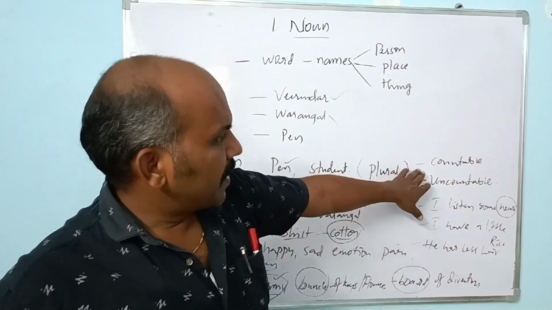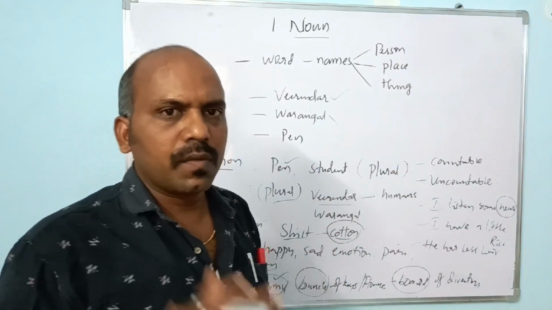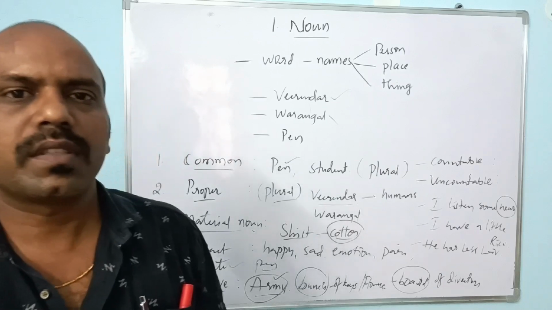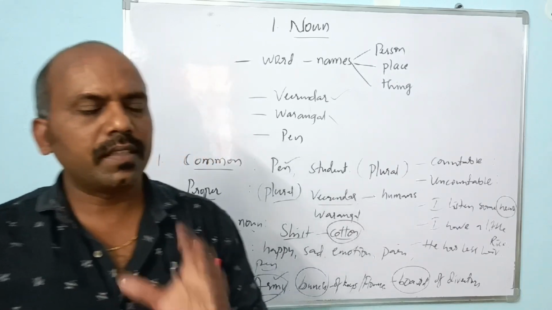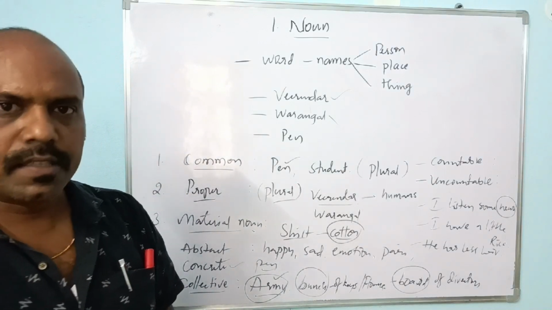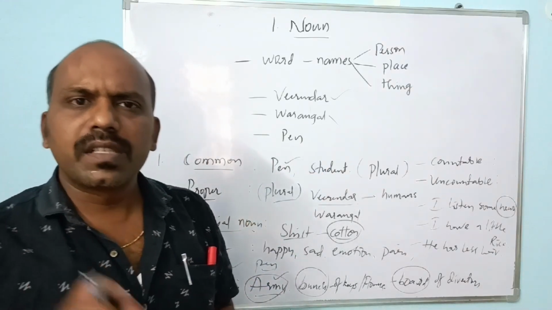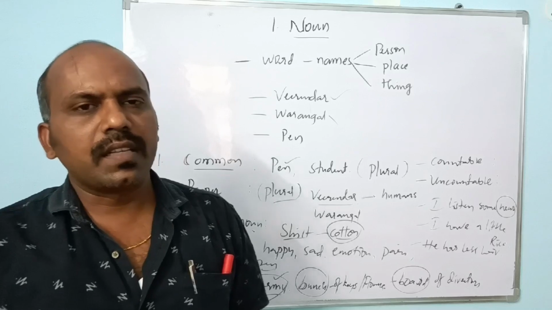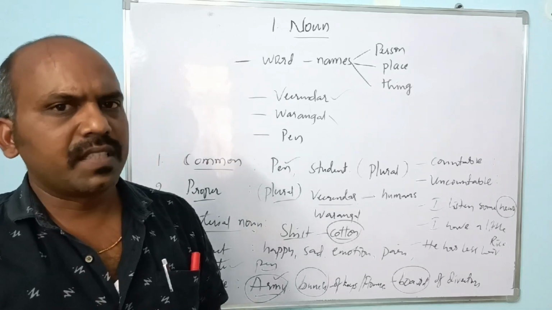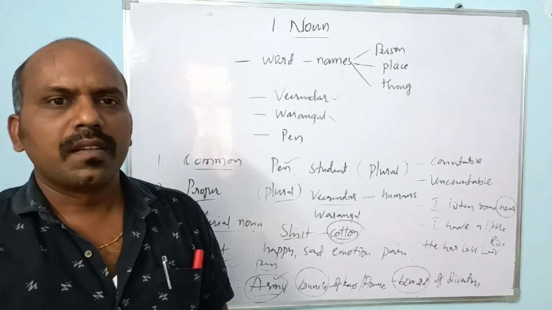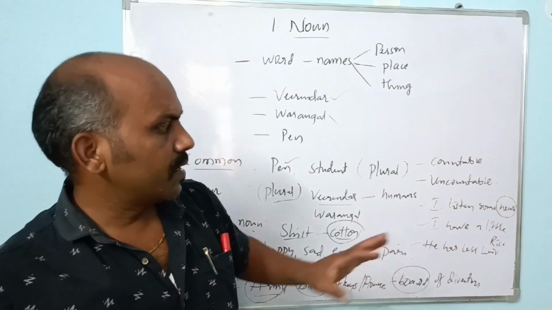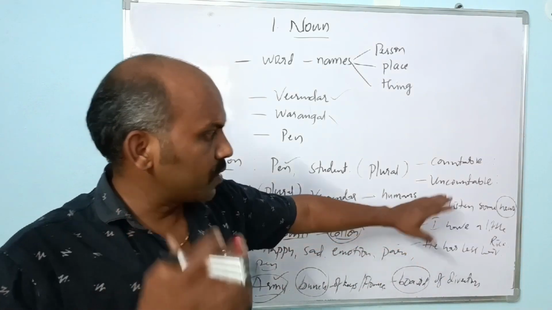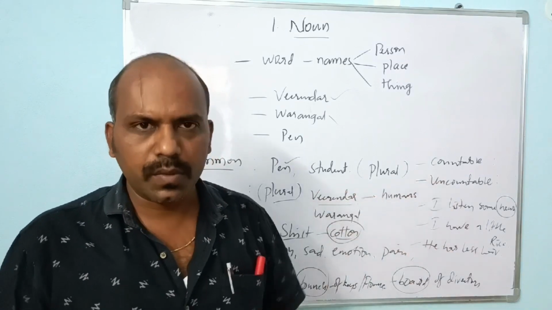And then it depends on counting, whether the nouns give us a chance to count them or not. If the nouns give us a chance to count, then they are called countable. And nouns which don't give us a chance to count them, we always take as a whole, not any number, right? Those which don't give us any number come under uncountable nouns.